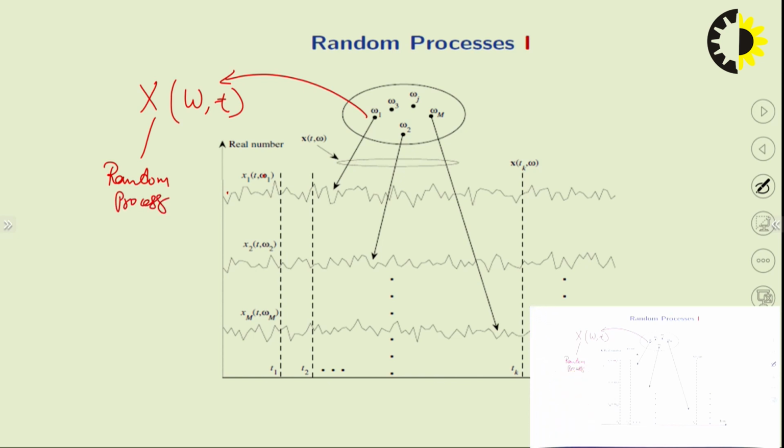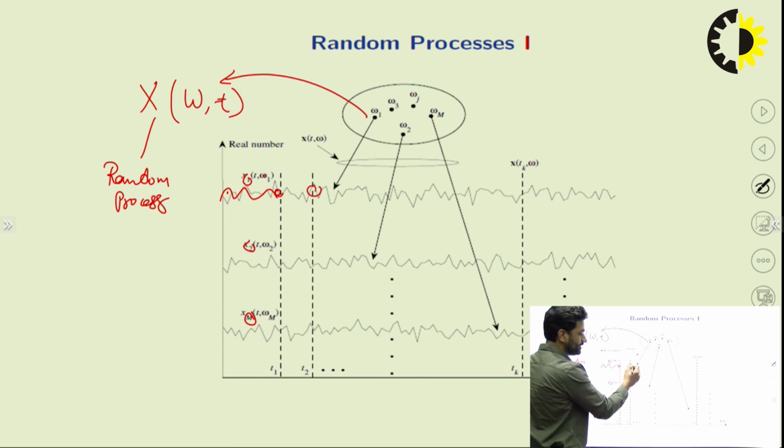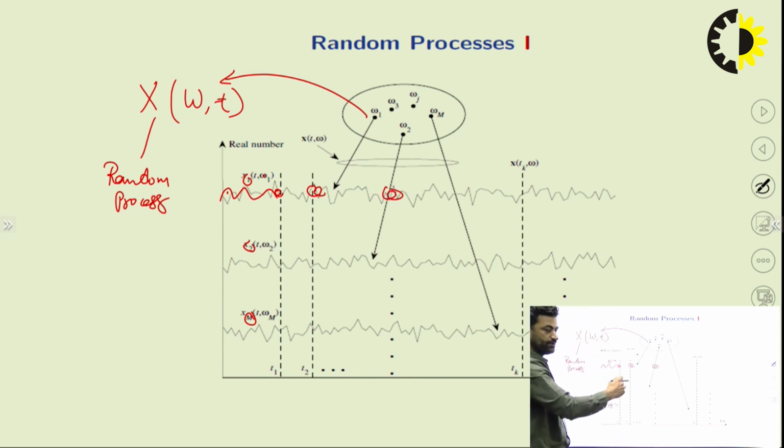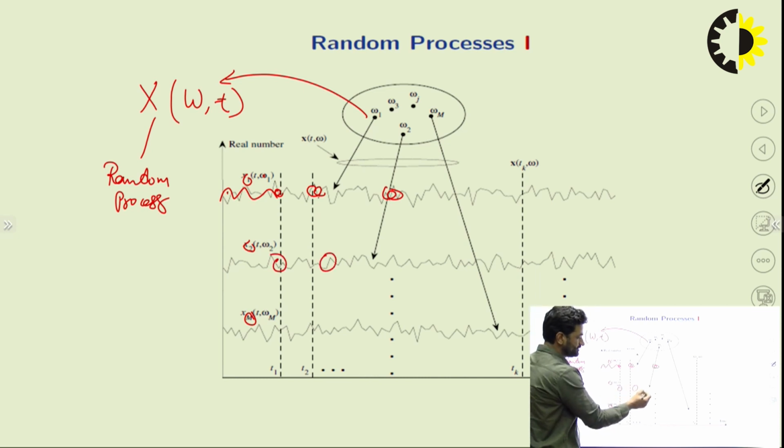Suppose this is our day 1 temperature reading, day 2 temperature reading, day 3 temperature reading, and with respect to time, at this point the temperature will be different, at this point the temperature will be different.